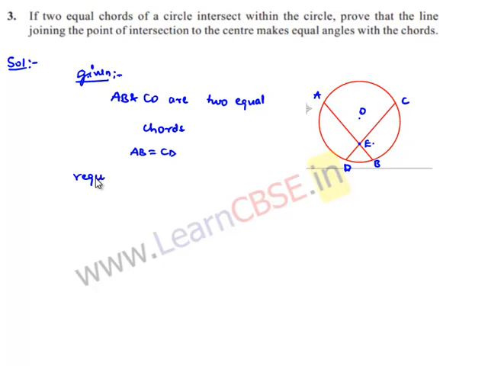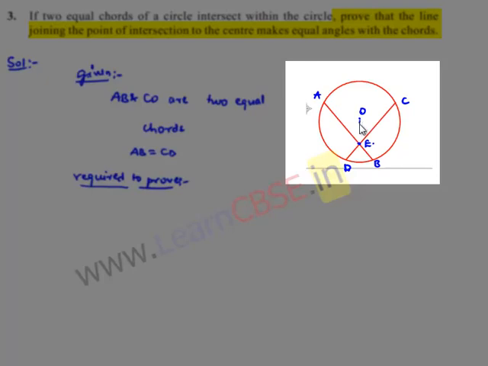We are required to prove that line joining the point of intersection, that is E, to the center makes equal angles with the chords, that is angle OEC must be equal to angle OEA. This we need to prove.